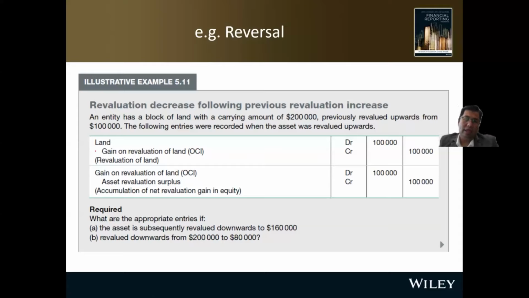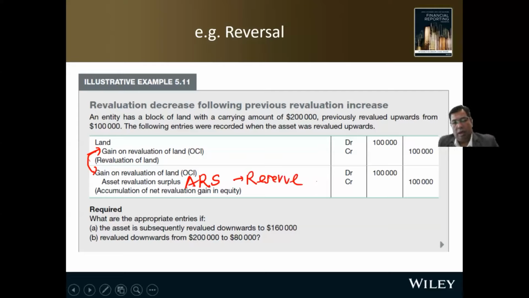So this is the gain. And then the second part, we're going to close the revaluation, the gain on revaluation, and we transfer to asset revaluation surplus. This is our reserve, ARS, asset revaluation surplus, under reserve. This is our reserve account.